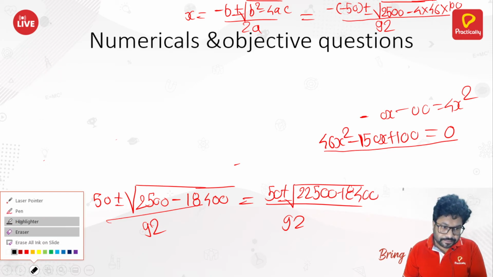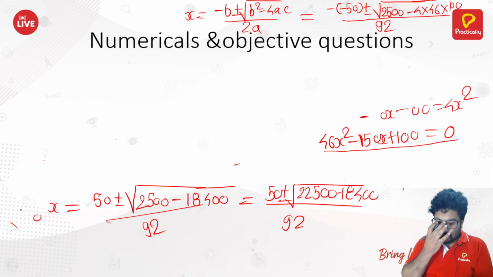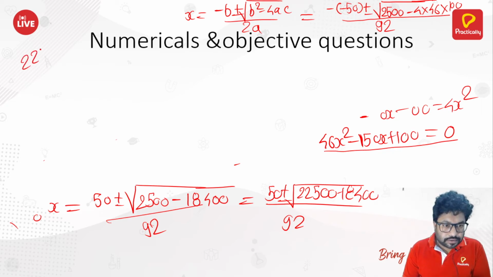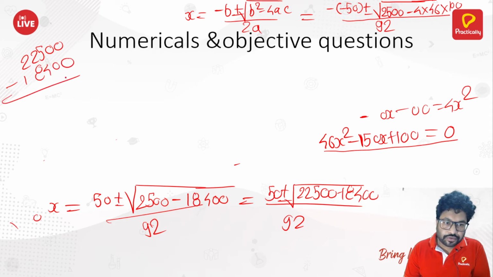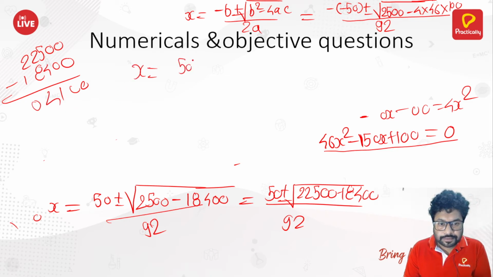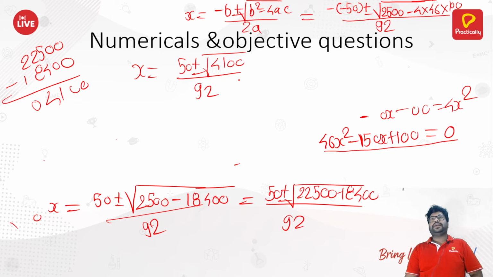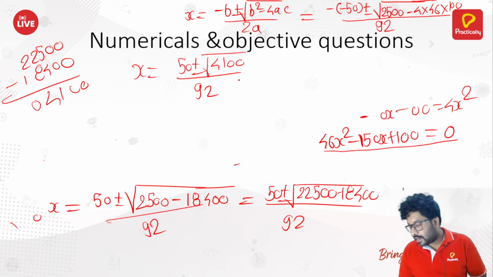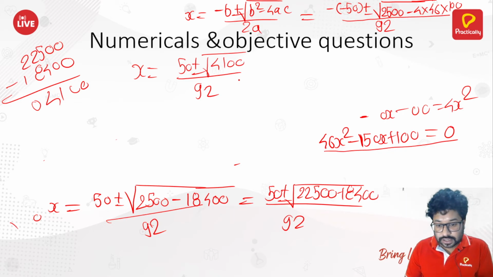So 22,500 minus 18,400, what do we get? You get basically 4,100. X is equal to 50 plus minus the square root of 4,100 divided by 92. 4,100 is the square of what? Now that is what we need to figure out.